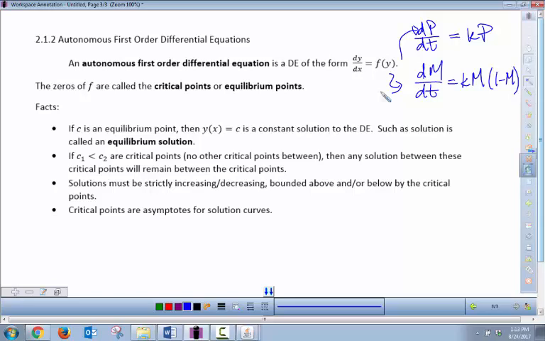And in that case, they're called critical points or equilibrium points. So there's a list of facts here that you can just read through, but what I'm more interested in is taking a look at a picture of this and seeing how the picture might look.